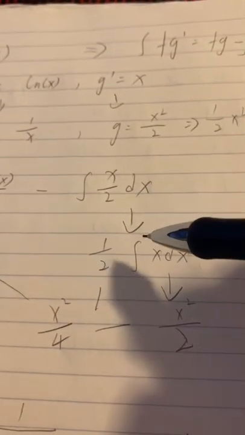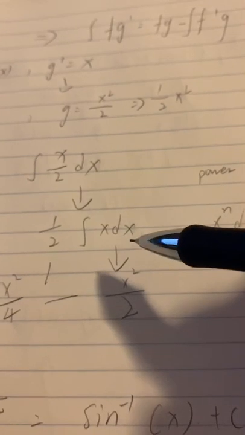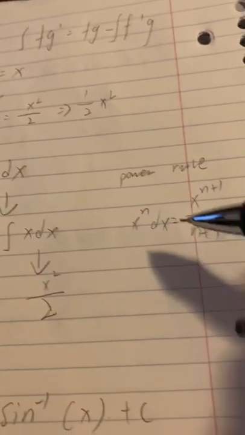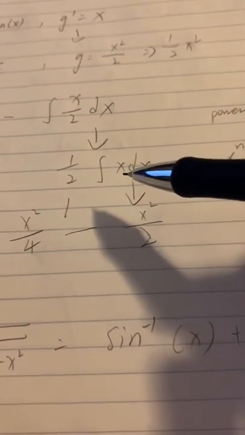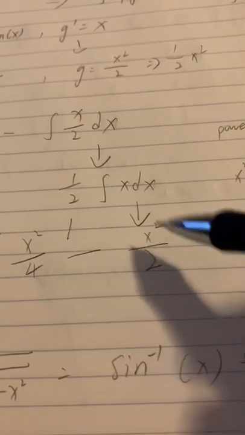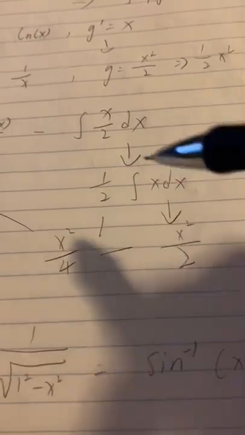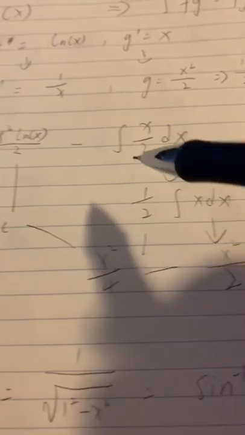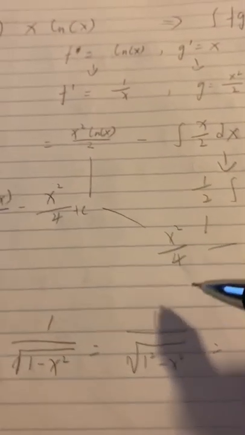Now we move out 1 over 2, and we get the antiderivative of x. We follow the power rule, and we find that the antiderivative of x is x squared over 2. Multiplying this by 1 over 2, we get x squared over 4.